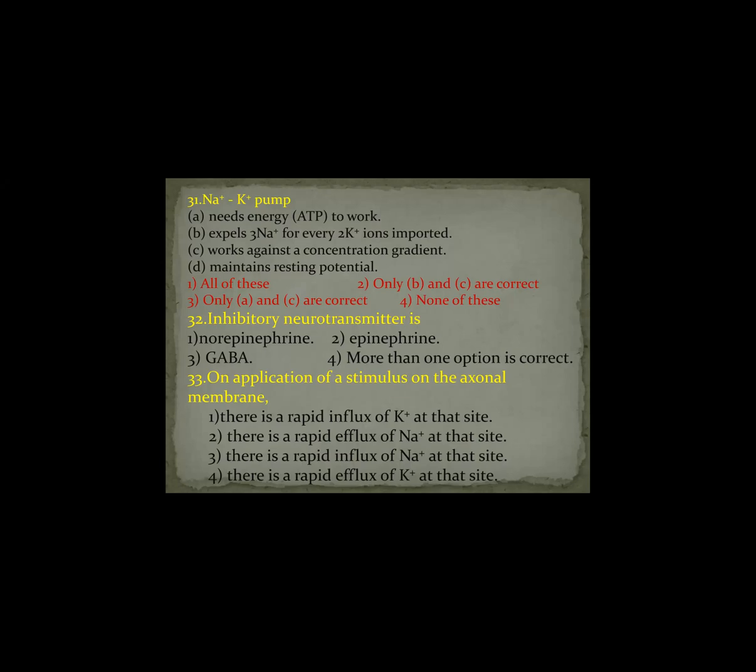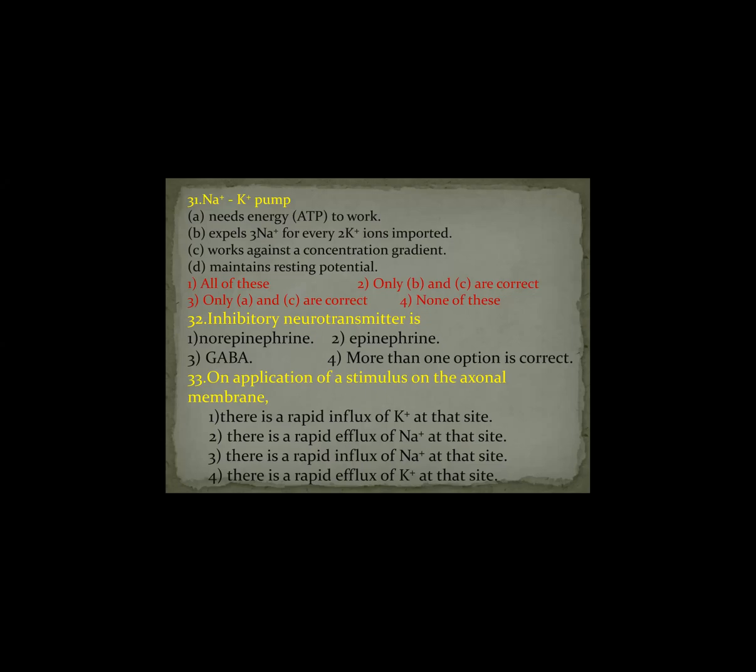Here some examples are given. We have to find out which of the following is the inhibitory neurotransmitter. First one, norepinephrine, epinephrine, GABA, and more than one option is correct. Norepinephrine is nothing but noradrenaline, and epinephrine is nothing but adrenaline. These are hormones.